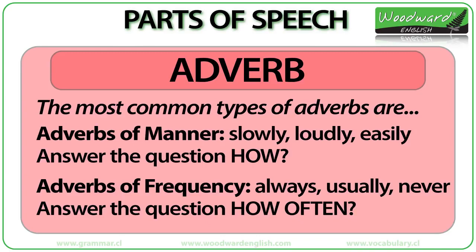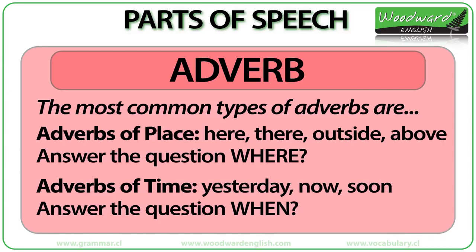The most common types of adverbs are adverbs of manner. They answer the question how. For example, slowly, loudly, easily. Adverbs of frequency. These answer the question how often. For example, always, usually, never. Adverbs of place answer the question where.